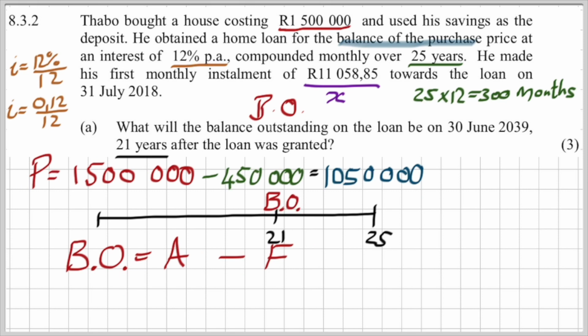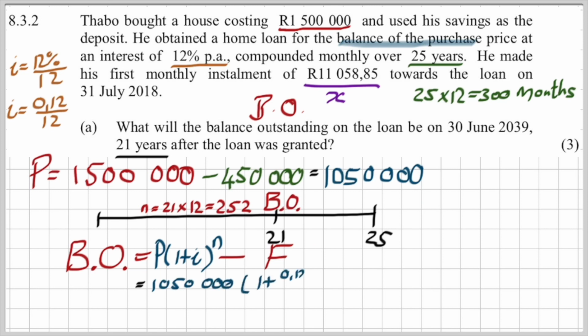And the A value needs N. And again, N is months. So in 21 years, there are 252 months. So I'm going to use the compound formula, substituting my present value as the loan amount for 252 months.